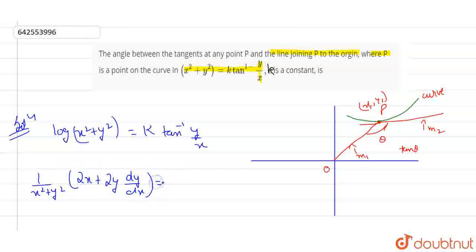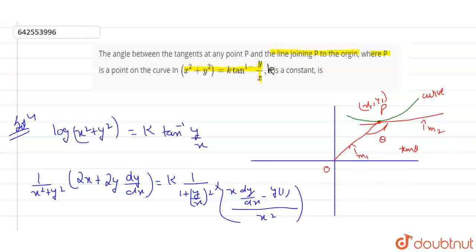And this side we have k with the product of 1 over 1 plus y by x whole square, with the product of, in the numerator, x dy by dx minus y with 1, and in the denominator this will be x square.